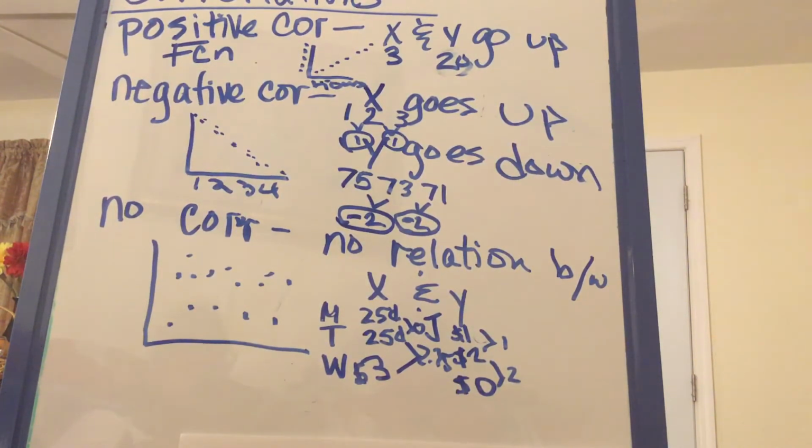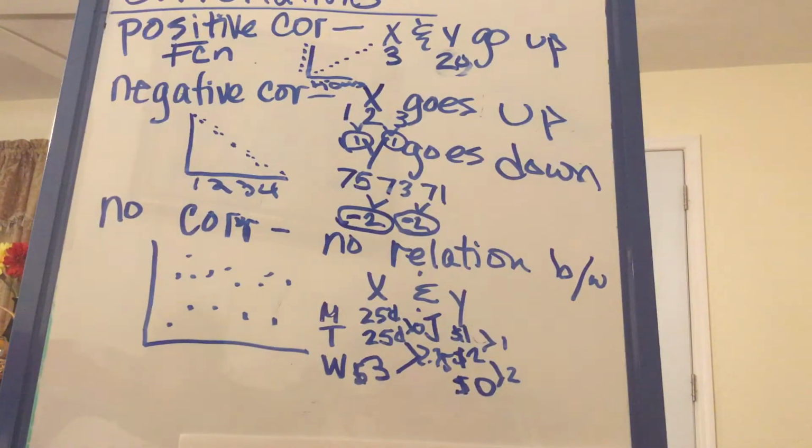A negative correlation is when, as X goes up, Y goes down. Those are negative correlations. As X goes up, Y goes down, and your graph looks like it's going down. Okay? It's going down.